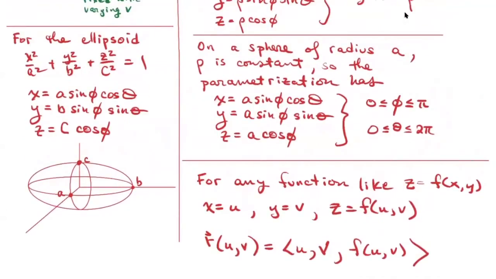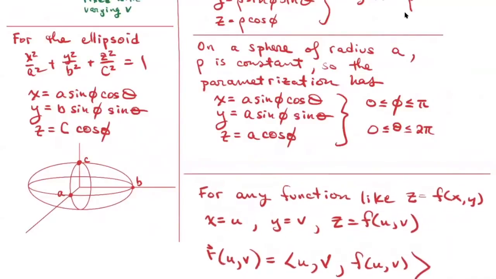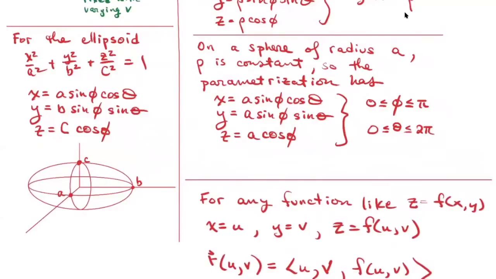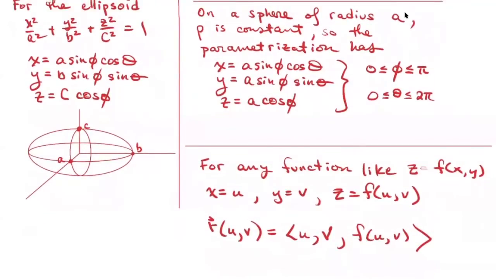On the other ones, so for the sphere, you'd have r of u v. Actually, we do theta and phi. So we'll say r of phi theta is going to be the x coordinate, a sine phi cos theta, y coordinate, a sine phi sine theta, z coordinate, a cos phi.